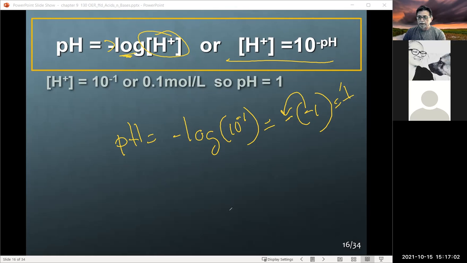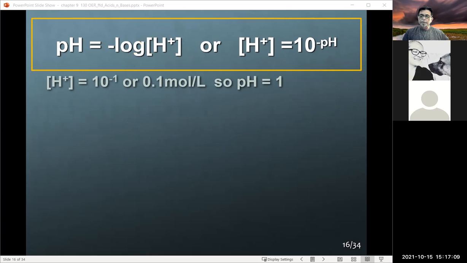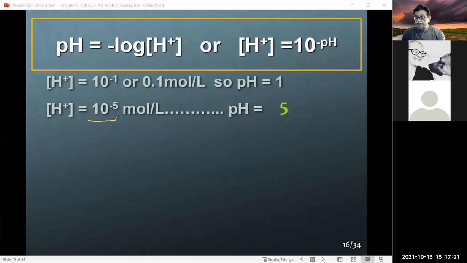All right, let's do some examples. So the pH of 1 times 10 to the negative 5th is simply 5. Notice that the concentration of my acid got smaller, 10 to the negative 5th, compared to up here, and my pH goes up.